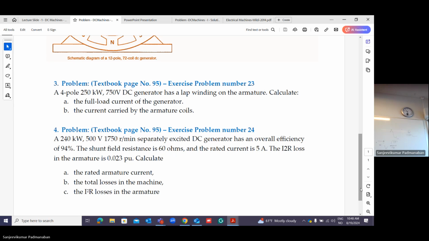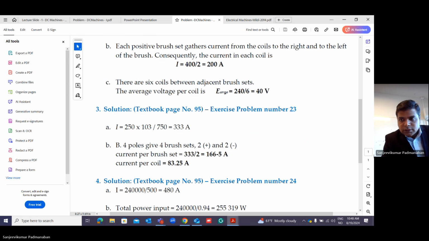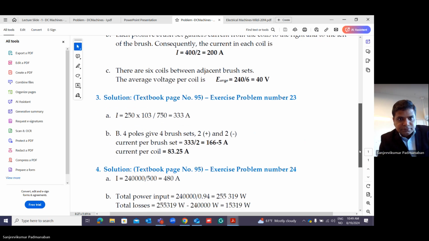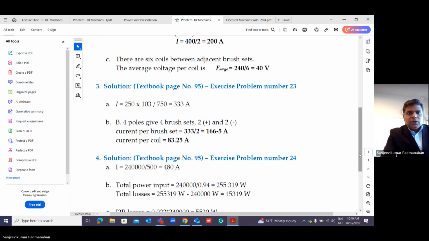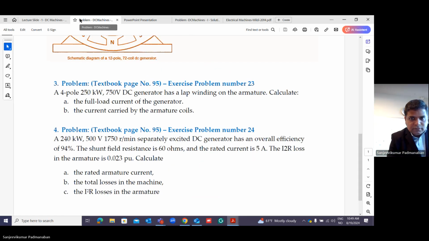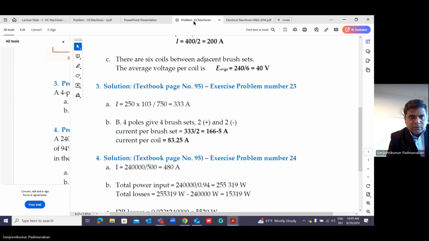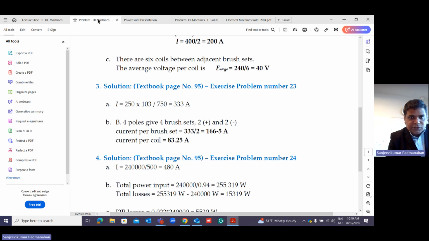Let us solve the problem. So I have 250 kilowatt. I'm right? 250 kilowatt.